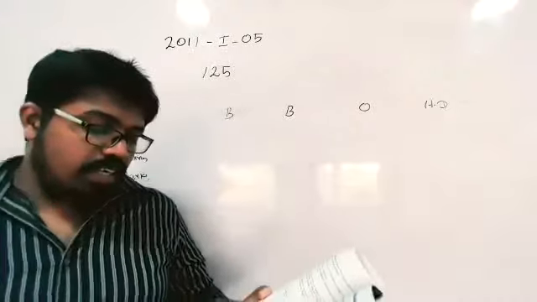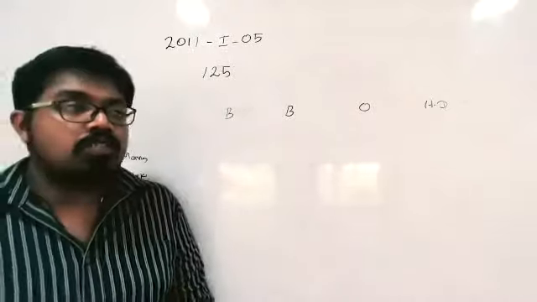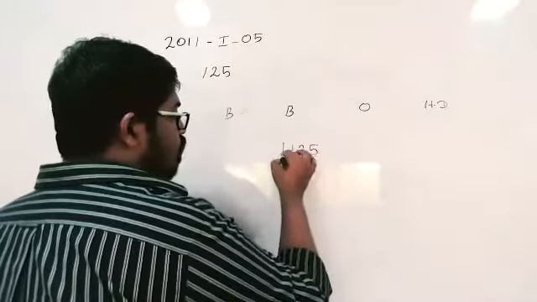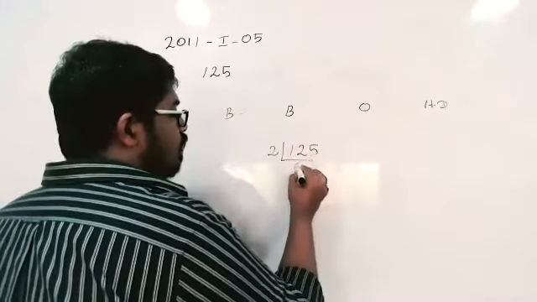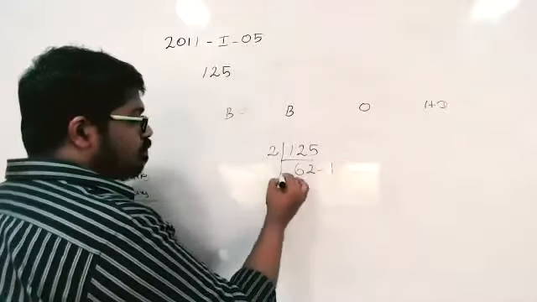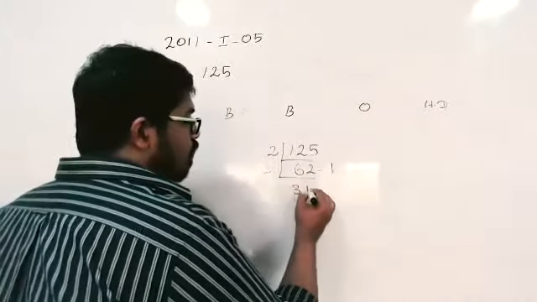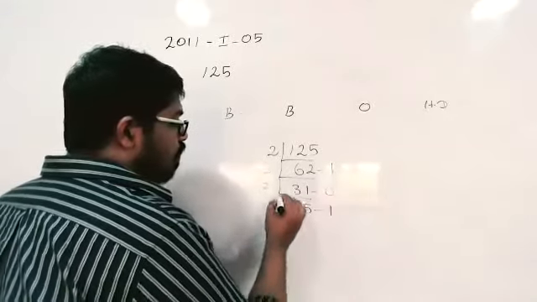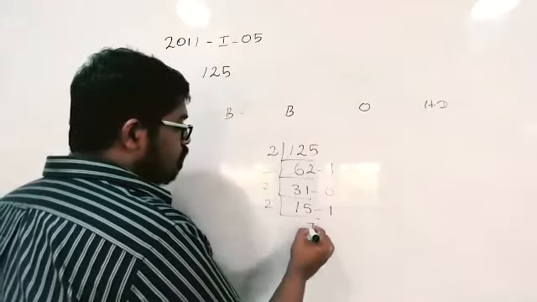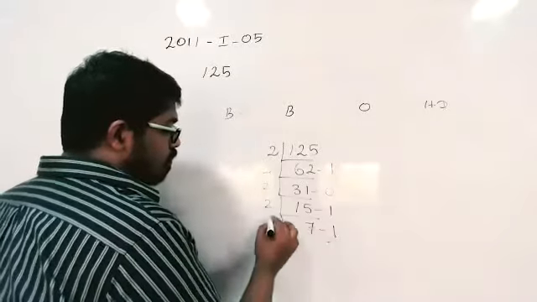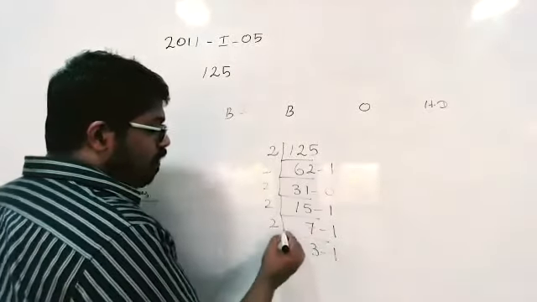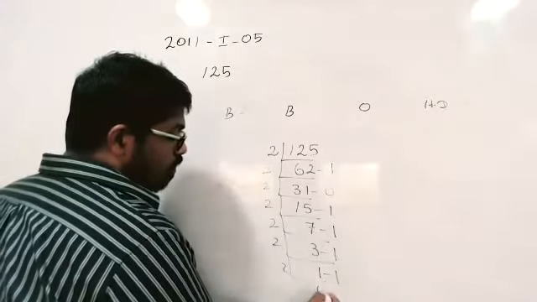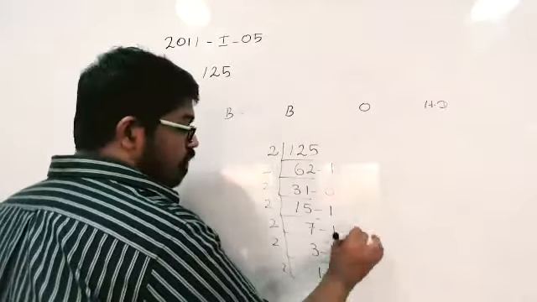So I will convert the 125 decimal number into binary. Right? 125 divided by 2, you can get 62 remainder 1, 31 remainder 0, 15 remainder 1, 7 remainder 1, 3 remainder 1, 1 remainder 1, 0 remainder 1.